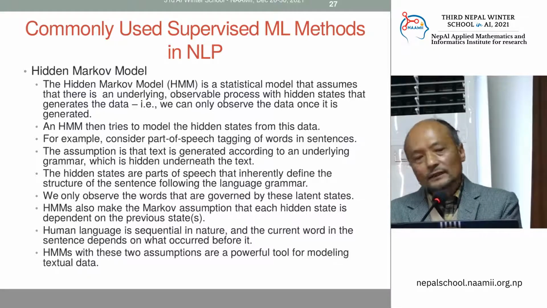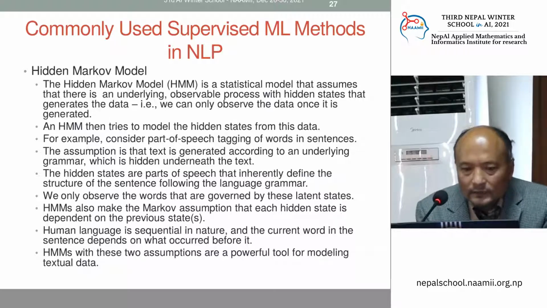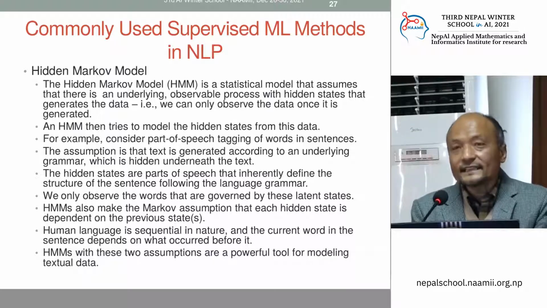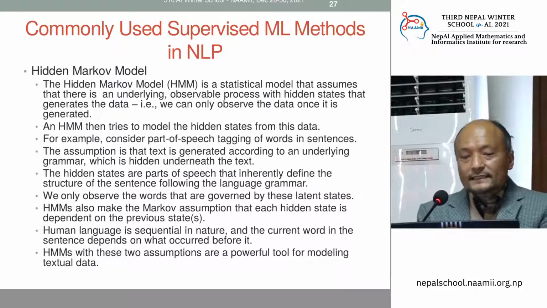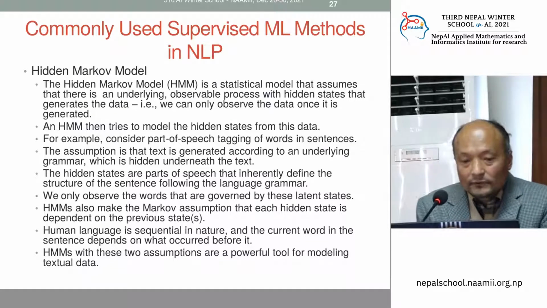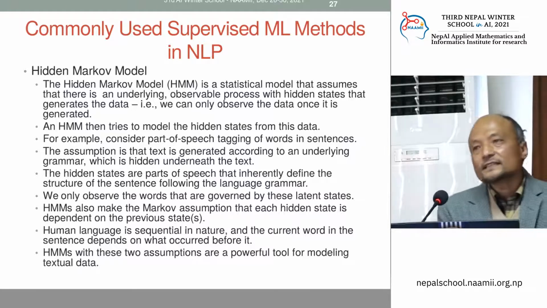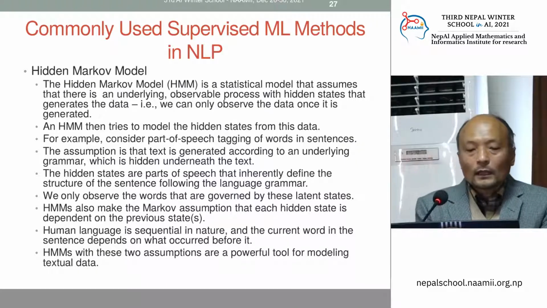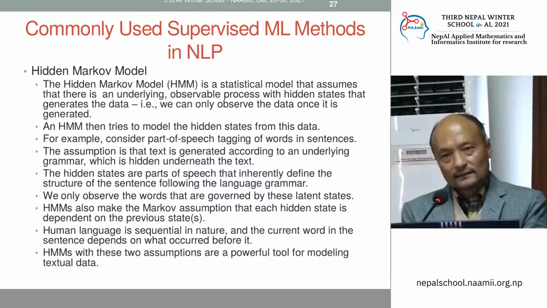So the hidden Markov model, HMM, is a statistical model that assumes that there is an underlying observable process with hidden states that generates the data. That is, we can only observe the data once it is generated. And an HMM then tries to model the hidden states from this data. This is explained more intuitively with the parts of speech tagging task.